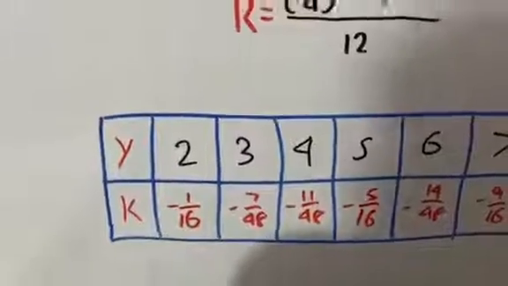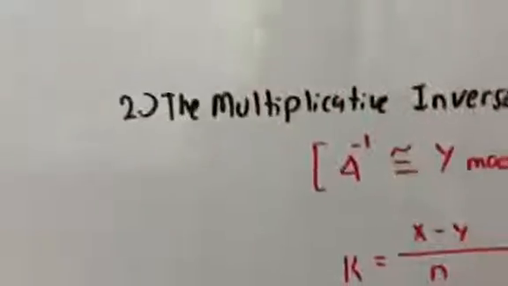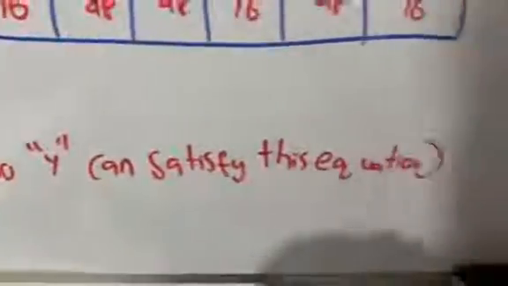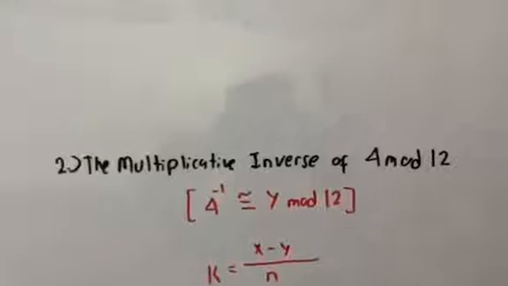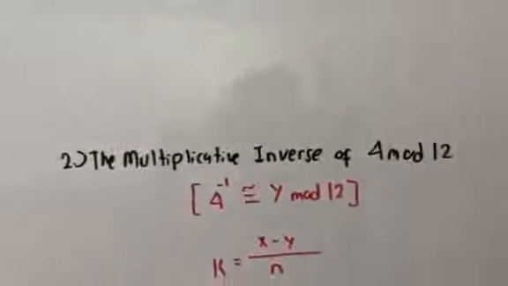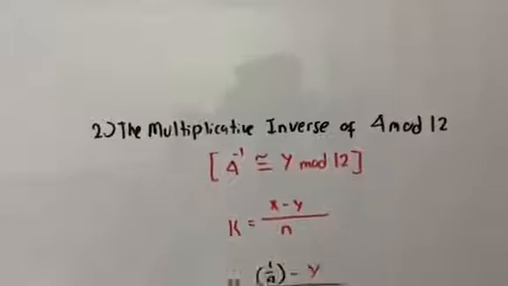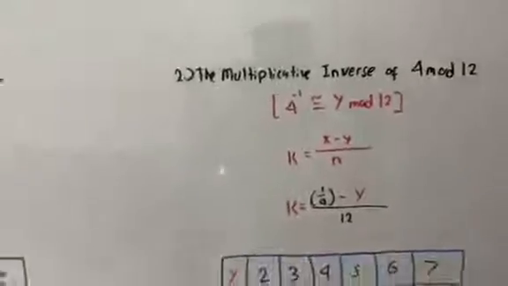And that happens. It's okay. Therefore, we can conclude that there is no y value that can satisfy this equation, or the multiplicative inverse of 4 mod 12 does not exist. And that is an answer. That's also a valid answer.